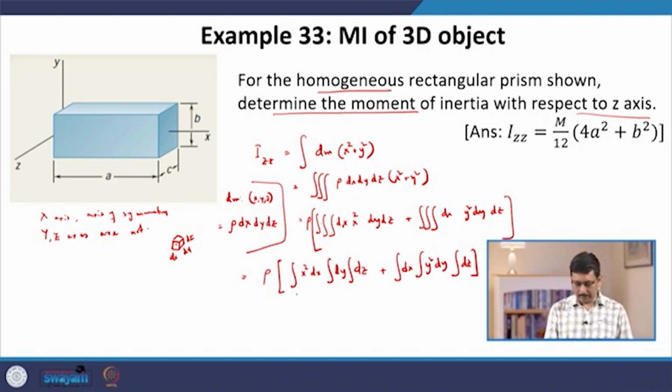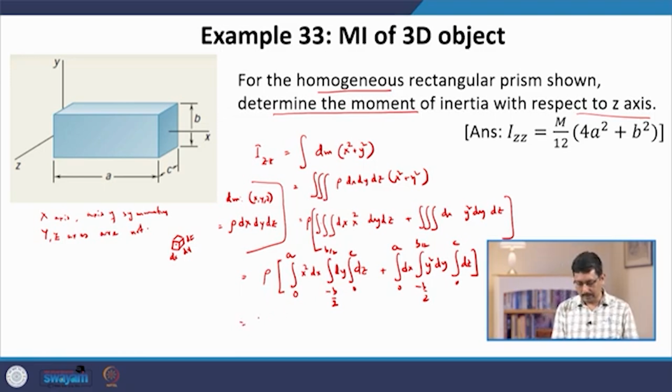From the figure, x varies from 0 to a. Now, y varies, be careful. This is where you need to pay attention to the detail. The y varies from minus b by 2 to b by 2, and z varies from 0 to c. Then we get our answer.